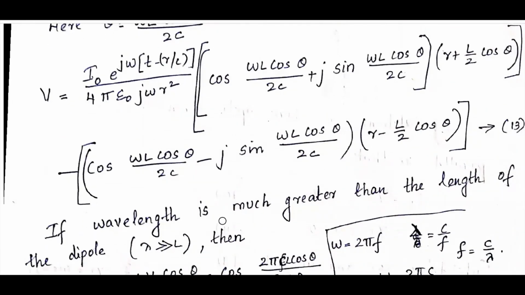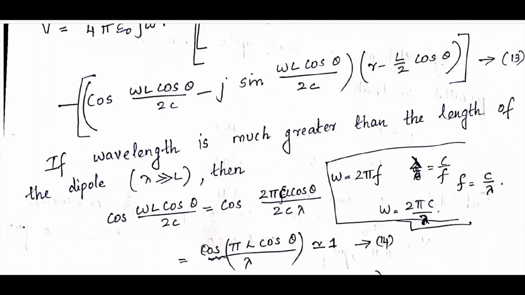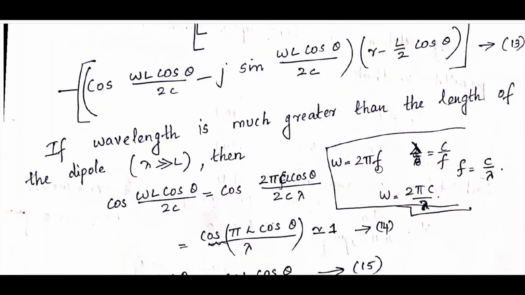Now if you consider again, wavelength is much greater than the length, so we can approximate some of the terms. Already we know that omega is equal to 2 pi f, and lambda can be written as c by f, so omega will be equal to 2 pi c by lambda.